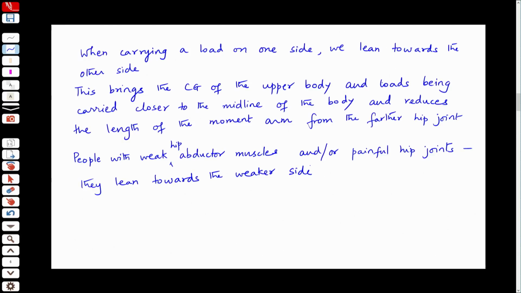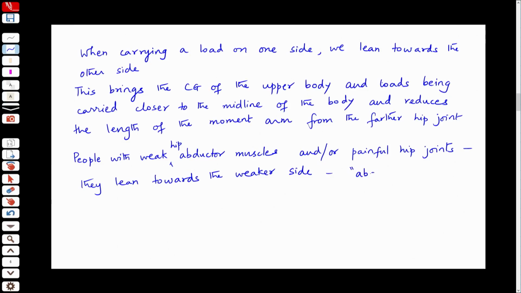So, as they are walking, if you observe them, you will see that they have like a swaying gait like that. Each time when they are getting on single support, they are going to lean more towards that side. Okay. So, it is called abductor gait. So, this helps them to reduce the loading on the hip joint on the weaker side.